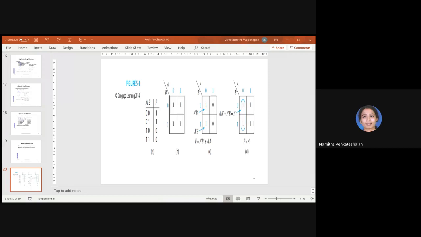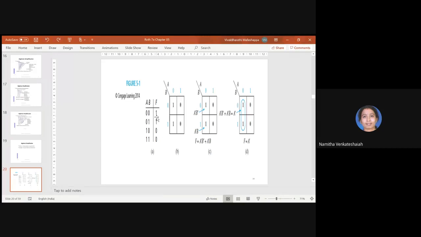Students, it is nothing but the two variable Karnaugh map. When I am saying two variable Karnaugh map, how many boxes are needed? Of course, we need four boxes, because you have four sets of inputs.